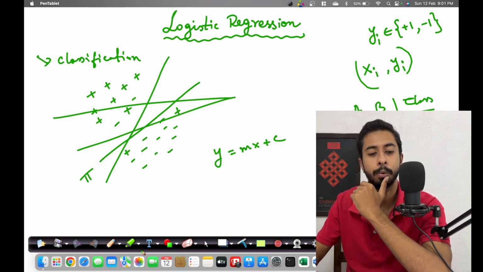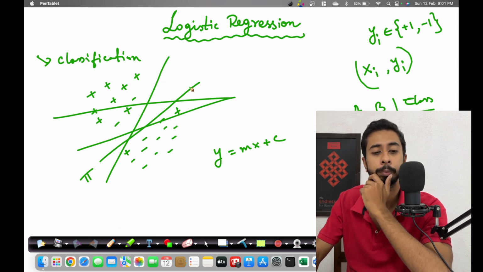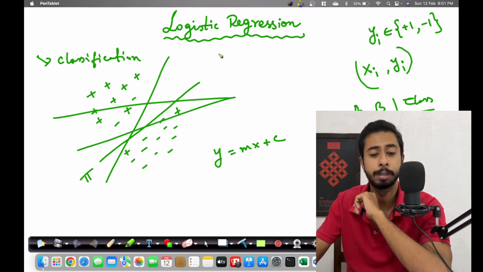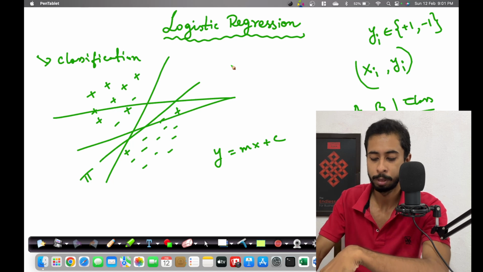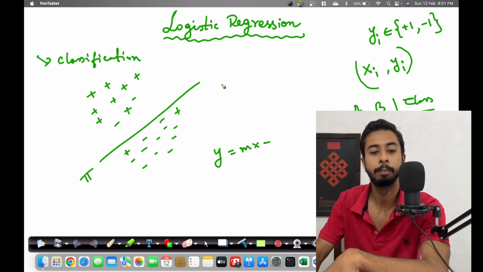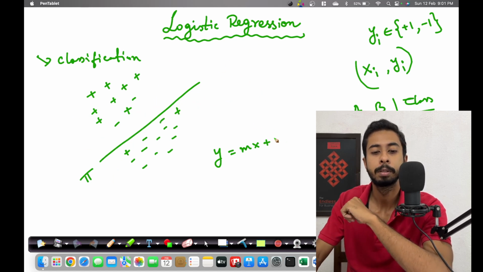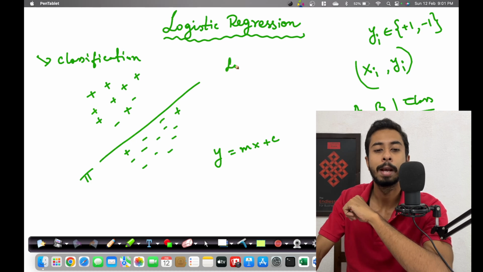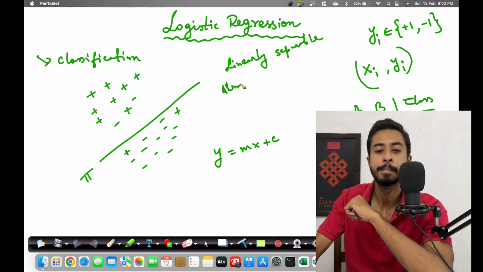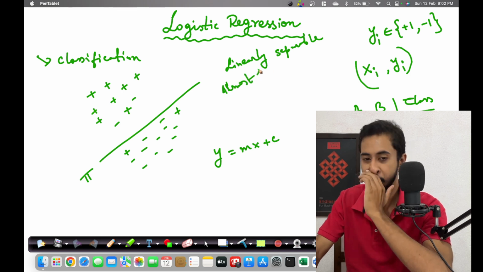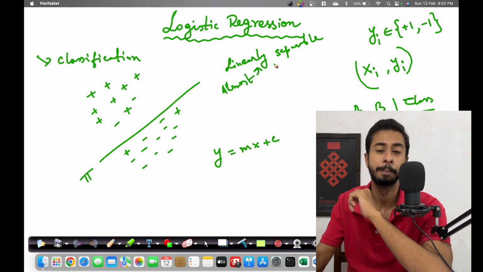Now there is an assumption in logistic regression, that is we want to have mx plus c. We assume that the points are linearly separable or almost linearly separable. What does it mean?